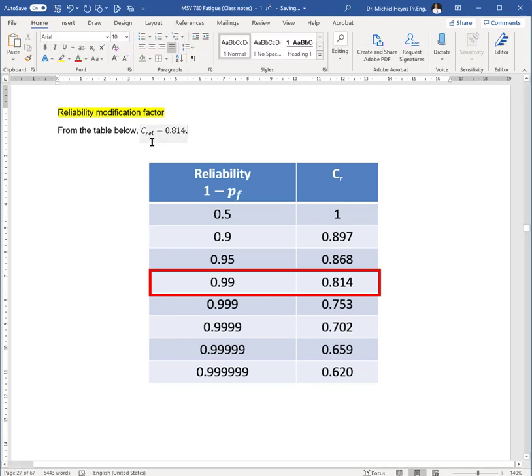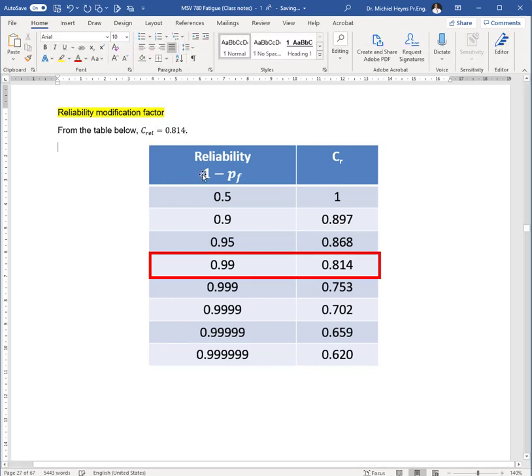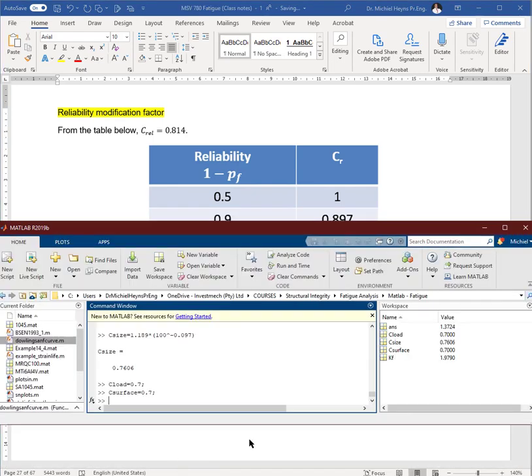I'm just going to put that in my MATLAB problem, and in the next video we will continue with the mean stress correction and calculating the damage. There we are.